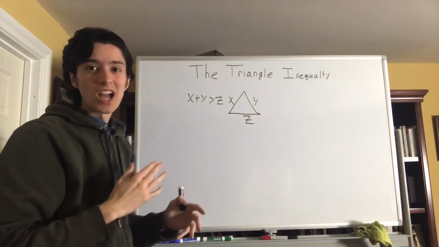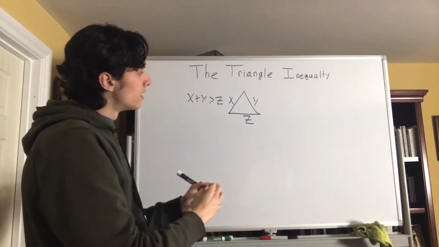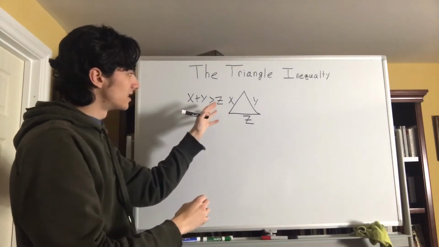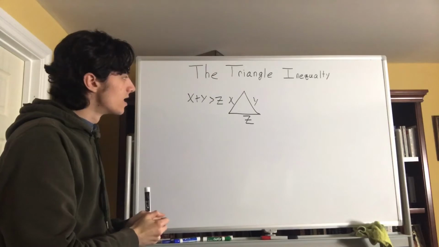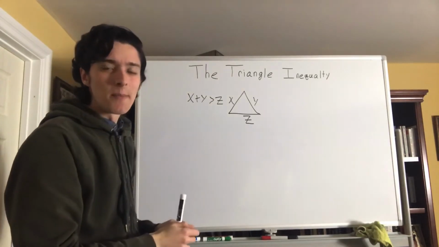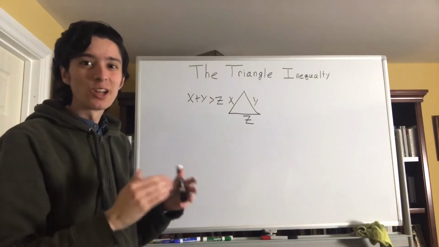And in the other direction, if x plus y was less than z, then we would see that when we line them up, the side lengths are actually not long enough to form a triangle.